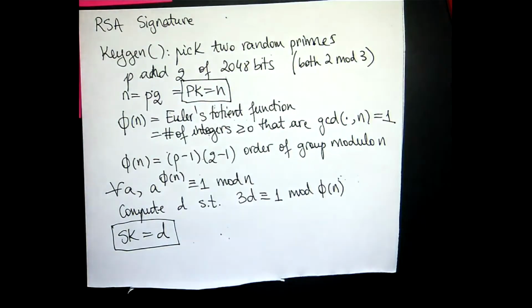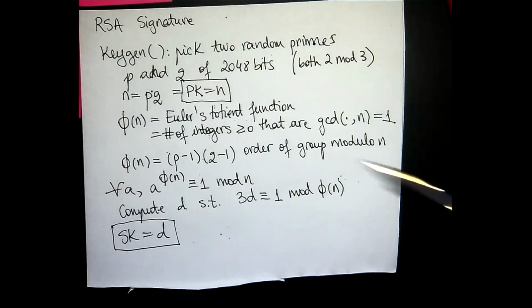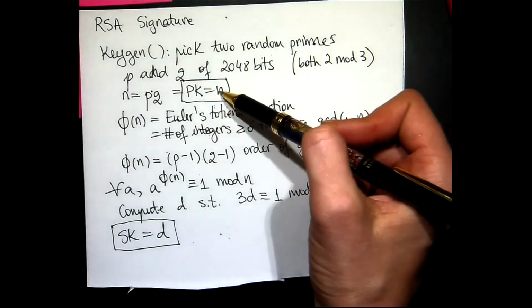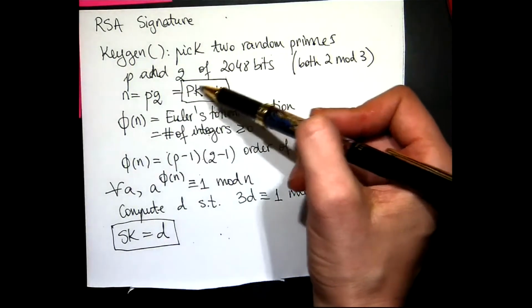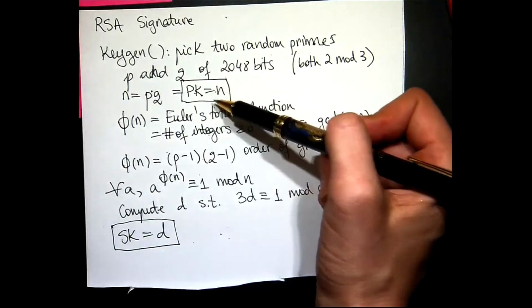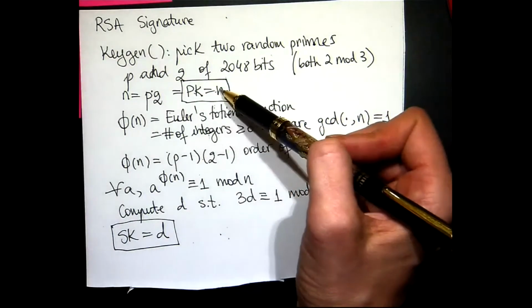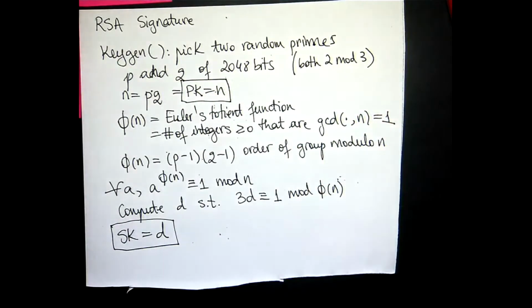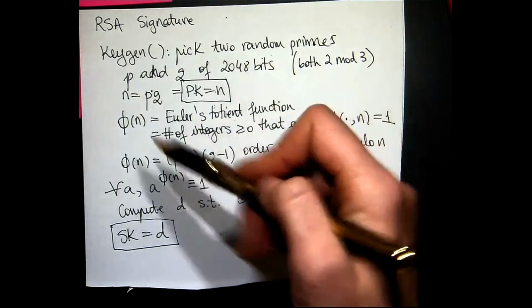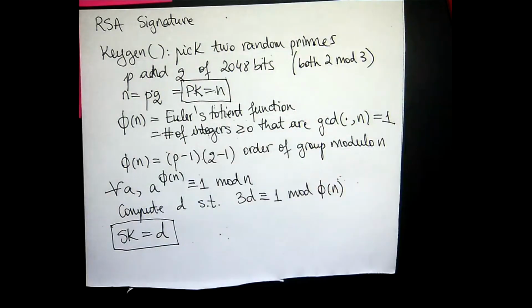In particular, P and Q are secret. P and Q are not to be disclosed by the key generation algorithm. The key generation algorithm is just going to reveal N as part of the public key, and this is the thing that the adversary will also see. Everyone gets to see the N, but no one other than the signer gets to see P, Q, or D. In fact, you just want to toss away P and Q and then just keep D around as your secret key.